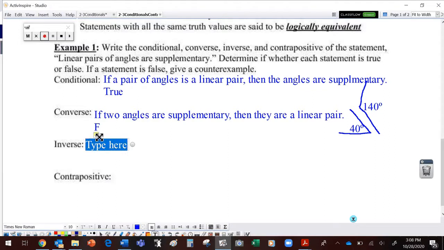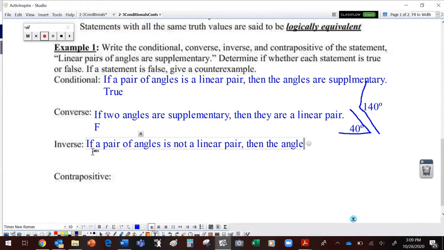Okay, the inverse. The inverse is the one where we negate both of them. So we say if a pair of angles is not a linear pair, then the angles are not supplementary.